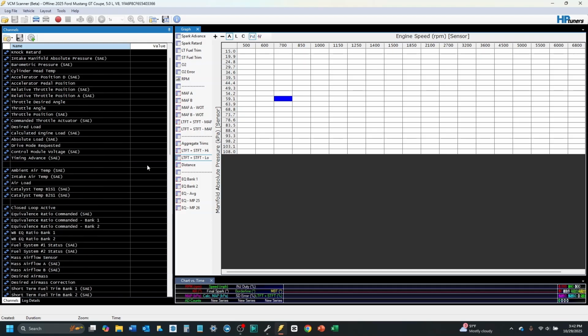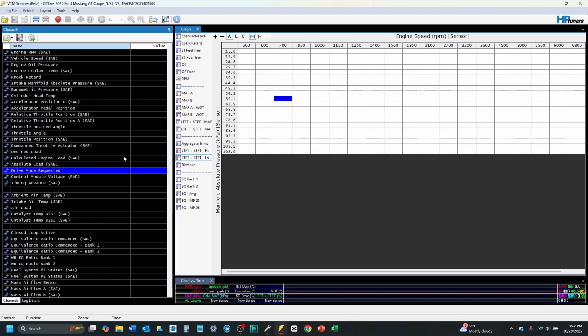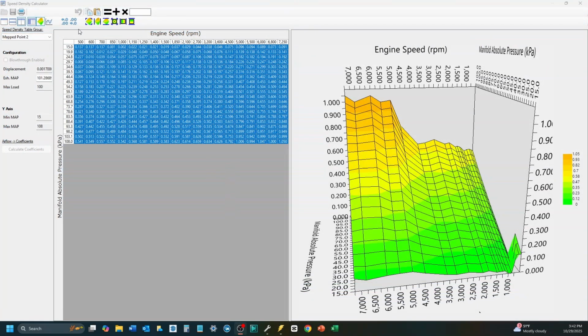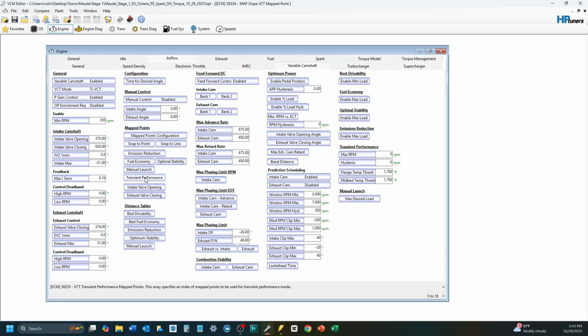The one that I'm kind of hemming and hawing on is I want to make absolutely sure that I think it's drive mode. That's going to tell you, if you come over here, we're going to close you, Mr. Calculator. We're going to go to airflow. We're going to go to variable camshaft. And here you see here are our schedules, right?